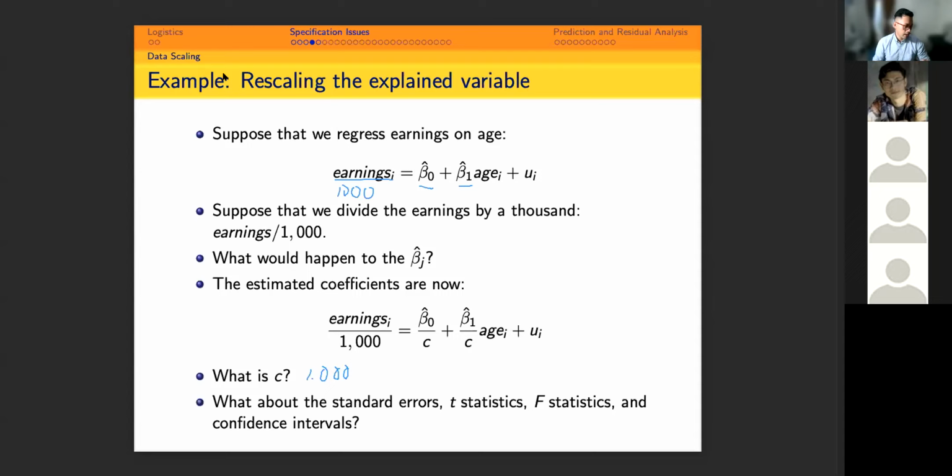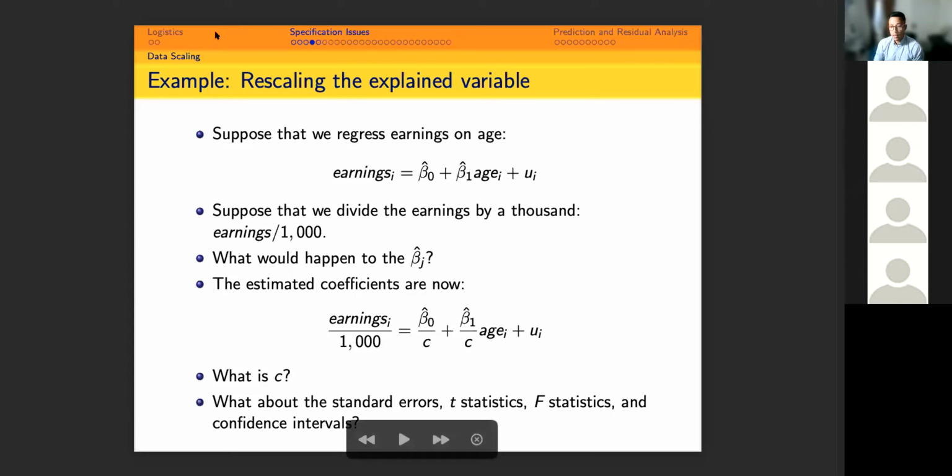Would anyone like to have their say? Buyung, can you guess whether the standard errors or the T statistics will change or stay the same?